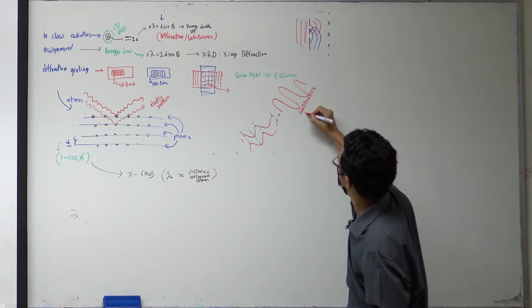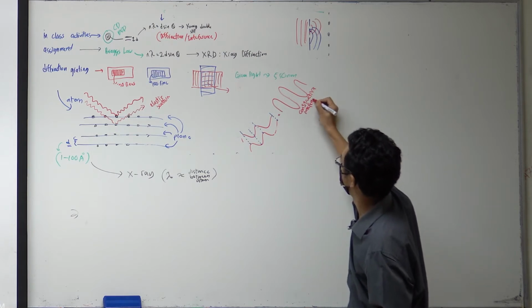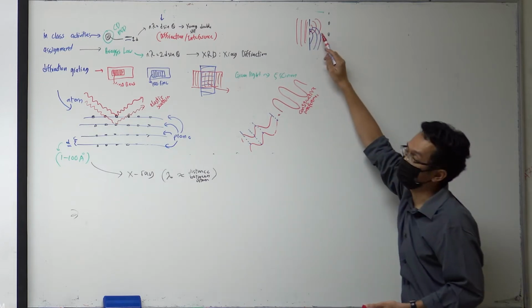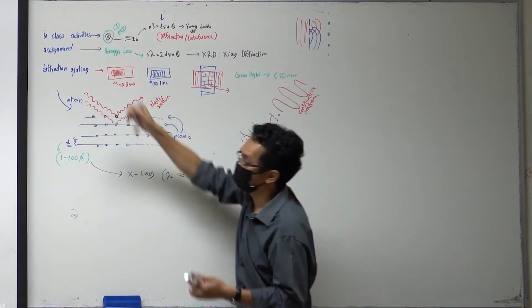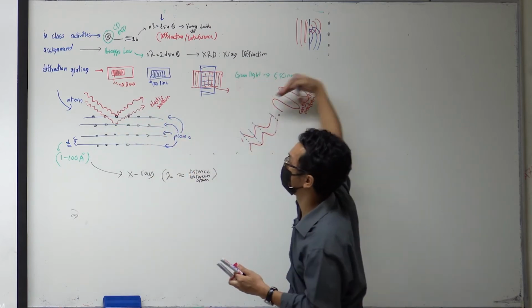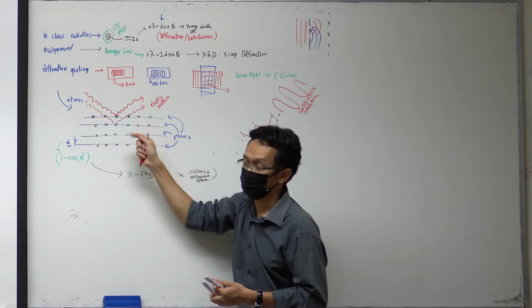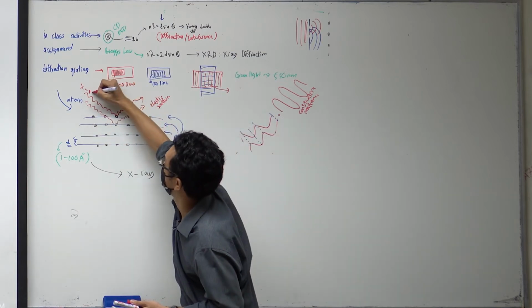So rather than behaving like slits, the atoms behave like hard balls, scattering the incident X-ray coming in and the X-ray coming out.